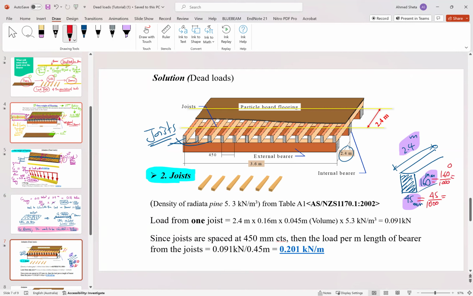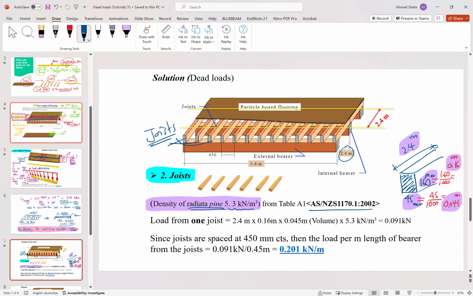So this will be 0.16 meter, and this 0.045 meter. So the final dimensions of the joist are 0.045 and 0.16. Okay, the material of the joist, sorry, is radiata pine. The density of the radiata pine is 5.3 kilonewton per cubic meter.